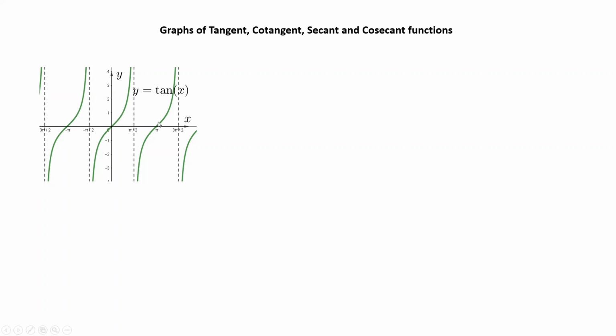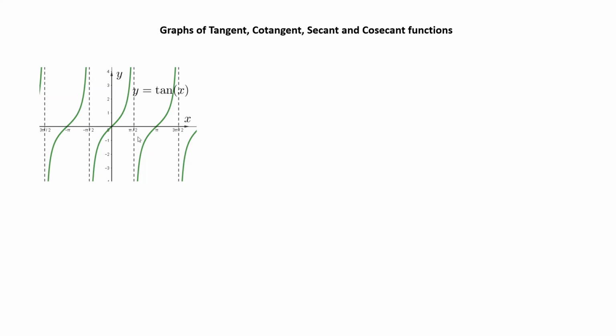A vertical asymptote, 1 over x for instance, has a vertical asymptote at x equal to 0. 1 over x minus 1 has a vertical asymptote at x equals 1, and so on. So what in the world are these vertical asymptotes?